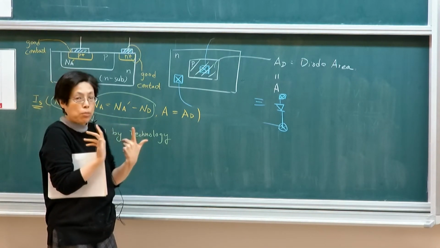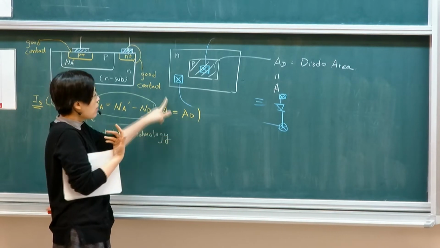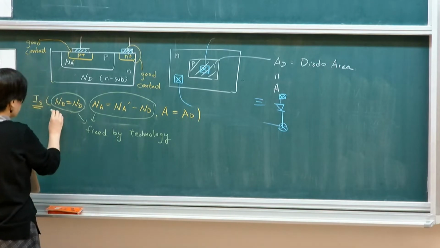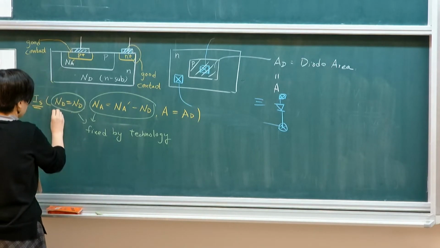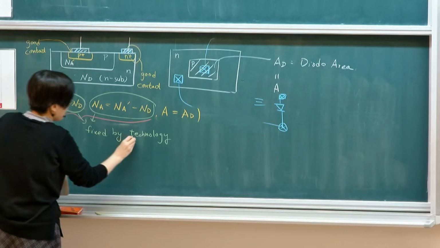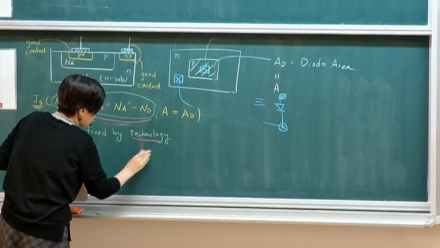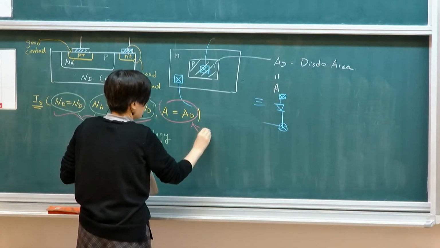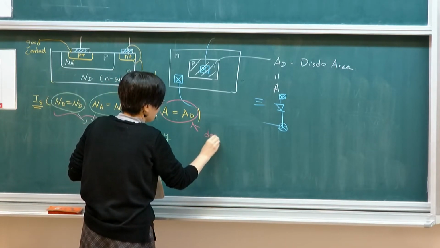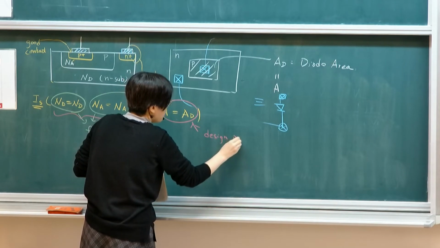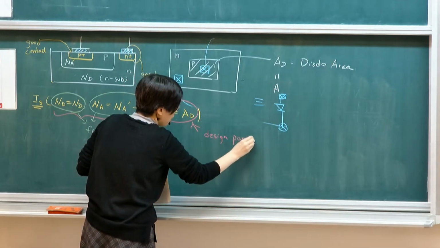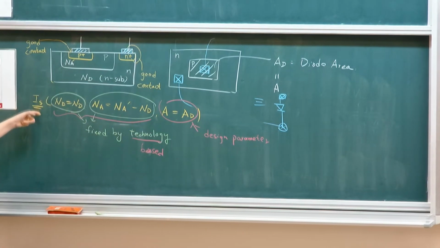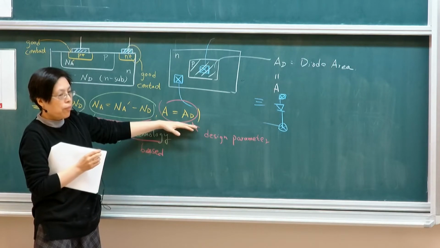The only flexibility for the designer is to change this. So these two are called the technology parameters, technology based. And this is referred to as the design parameter. So you could design your area to manipulate IS by changing the diode area. Okay?